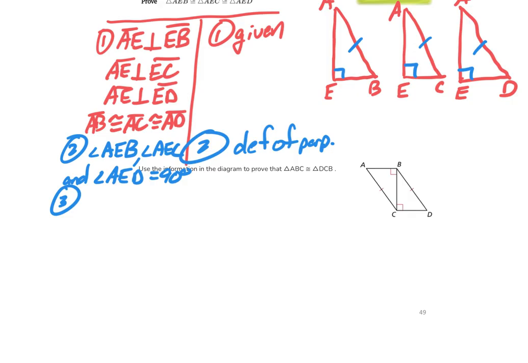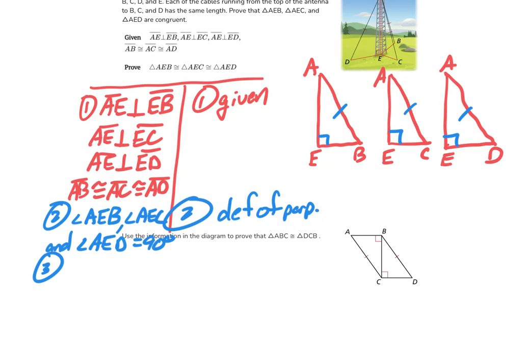Would it be a hypotenuse or would it be a leg? It's the hypotenuse. So this is the hypotenuse on all three. We have a 90-degree angle on all three. So we now need to prove a leg is congruent, okay? Is there a leg on all three of those triangles that would be congruent? AE, right? AE is the same side on all three of those triangles.